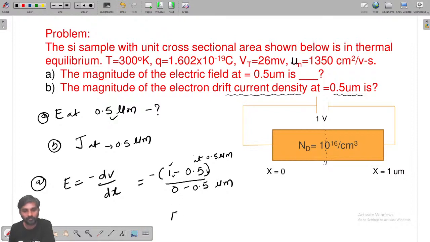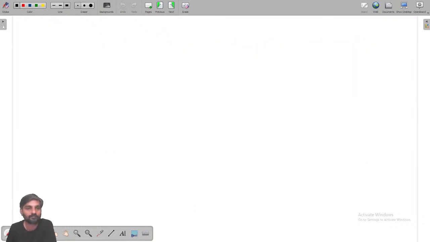So E you are going to get as 10 kilovolt per centimeter.